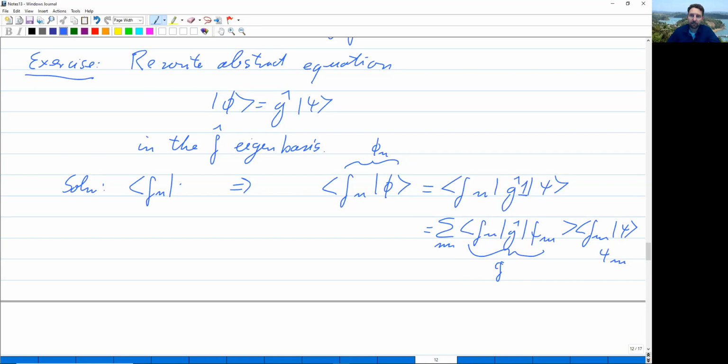So this is g hat and m numbers. So overall, what we have is phi n equal to sum over m, and then it's g hat n m, that's a matrix, and then psi m. So really what we have is column vector, matrix, column vector.